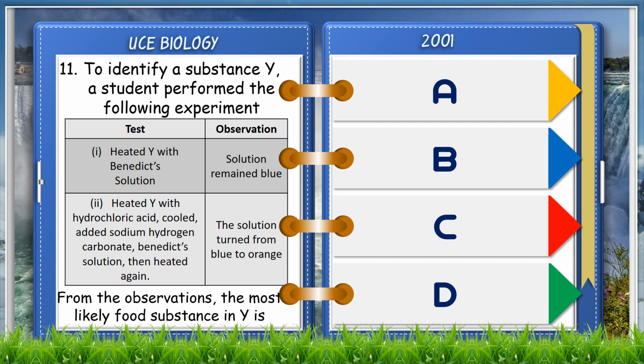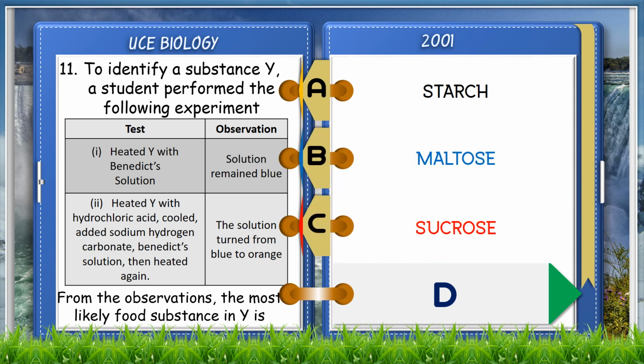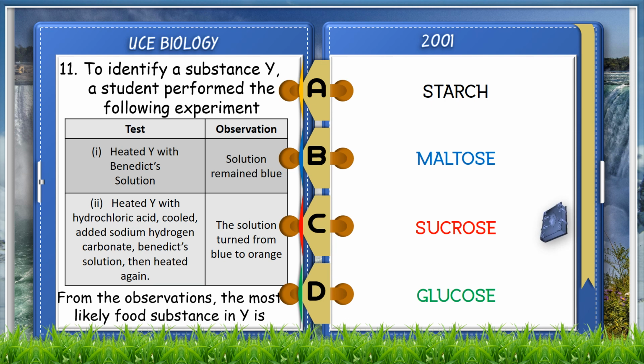Observation: the solution turned from blue to orange. From the observation, the most likely food substance in Y is A. Starch. B. Maltose. C. Sucrose. D. Glucose. The answer is C. Sucrose.